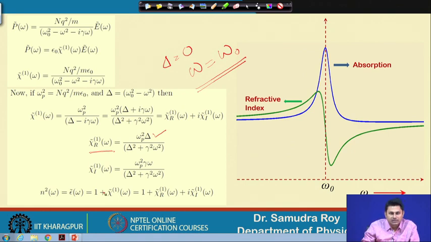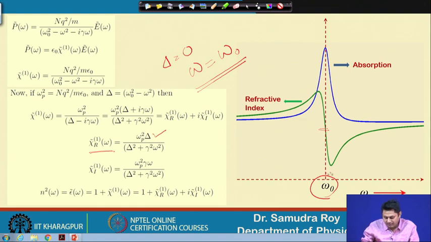The imaginary part and the real part of the susceptibility are plotted together, and in the real part we find that this quantity vanishes at omega equal to omega 0. Here, this is omega 0, that means at that point this quantity is 0, but on the right hand side and the left hand side of omega 0 we have values which are positive and negative respectively.